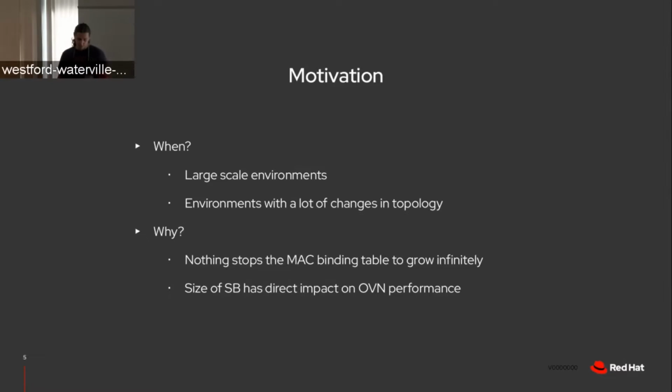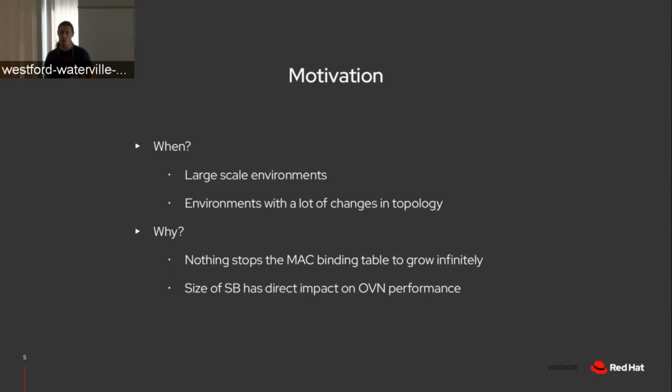Right. So why do we even need the aging, and when do we need that? The problem is in large scale environments. The topology that I showed you is really simple, but at scale the outside network can have a lot of machines, and currently the MAC binding table can grow infinitely, because we store the MAC bindings forever.